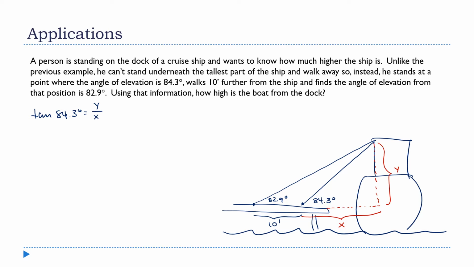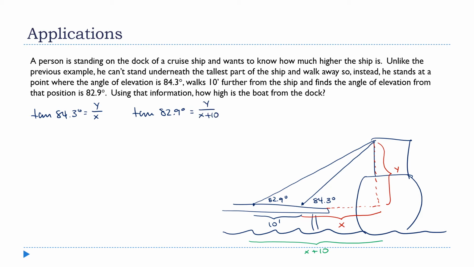Now I want to do the same thing with the other triangle, this big triangle down here. This distance is x plus 10, so that gives me another equation. The tangent of 82.9 degrees is equal to y over x plus 10.